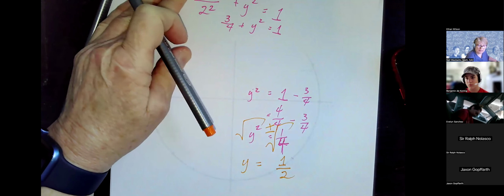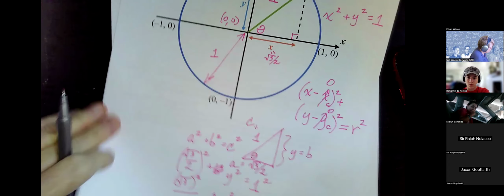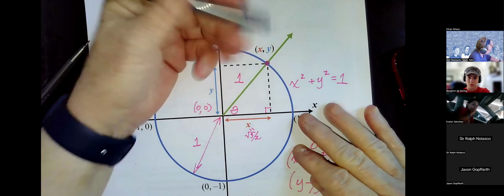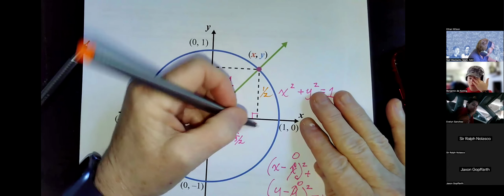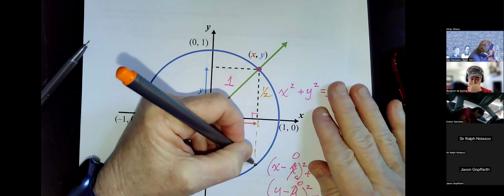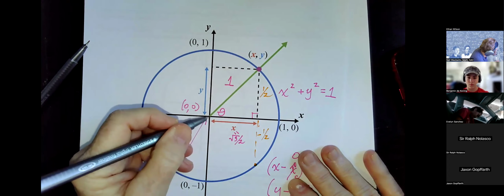Are we looking at a length or at a position? A position. So going up will be positive 1/2, and going down would be -1/2.